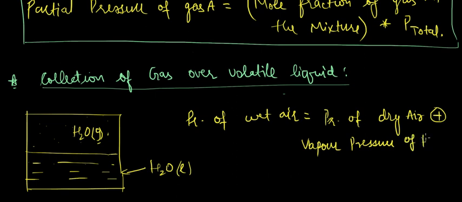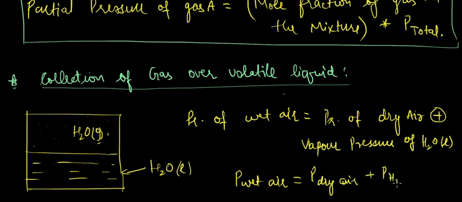So P of wet air equals P of dry air plus P of H2O(l), where P of H2O(l) is nothing but vapor pressure.